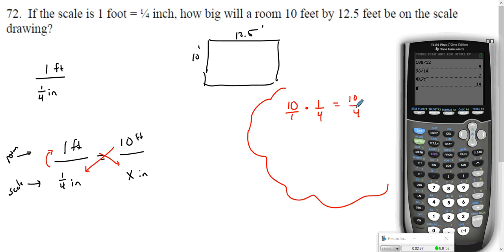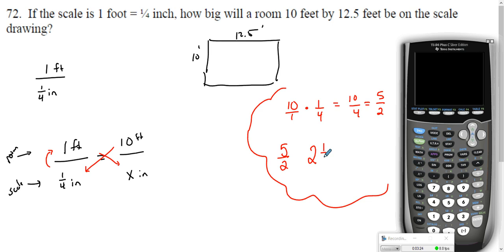Since they're both even numbers, 2 goes into both of these. 2 goes into 10 5 times. 2 goes into 4 2 times. 5 halves of something. If you had 5 halves, how many full do you have? 4 halves would be 2 full, with 1/2 left over. So I could say 2 and 1/2.